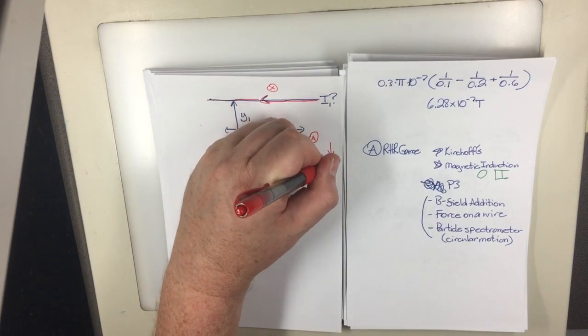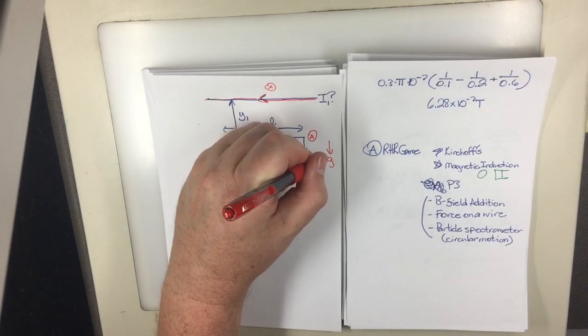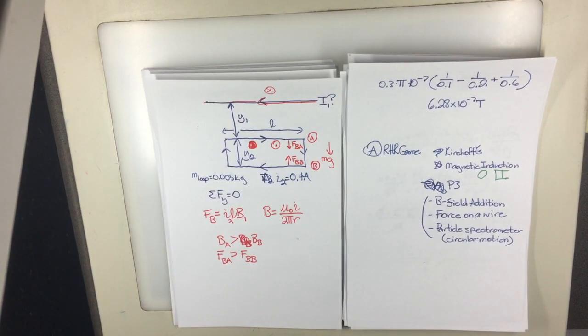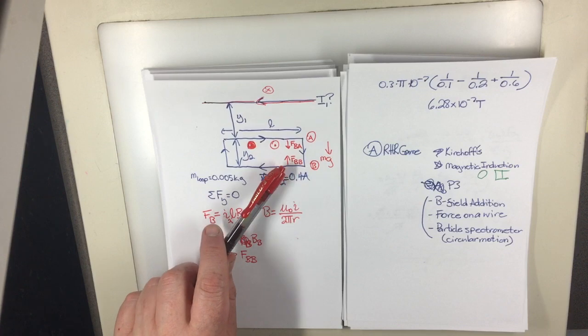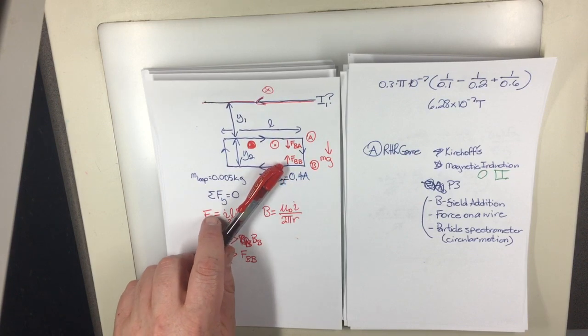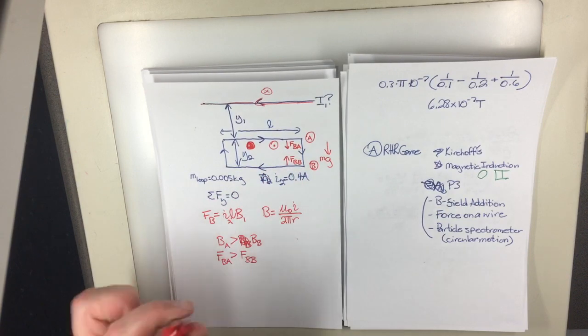Because we've got gravity on this thing as well. And because it's 5 grams, there is a force down with mg as a factor. So if this downward force is bigger than this up force, those two forces are bigger than that force.